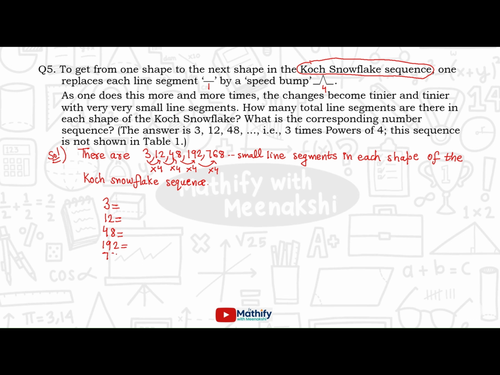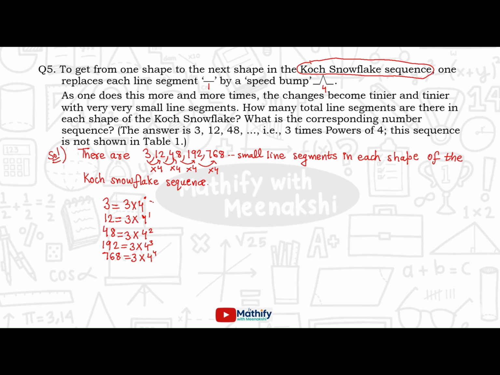You know that here we are multiplying by 4, but in the first we are not multiplying by any number, so I can write 4 raised to the power 0. In the next we are multiplying by 4 raised to the power 1, then 4 raised to the power 2, then 4 raised to the power 3, and then 4 raised to the power 4.